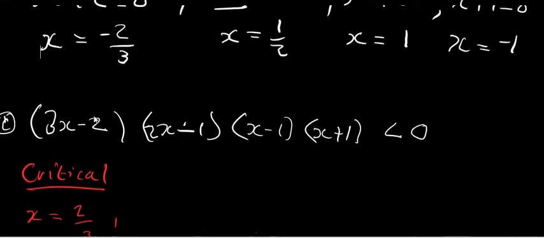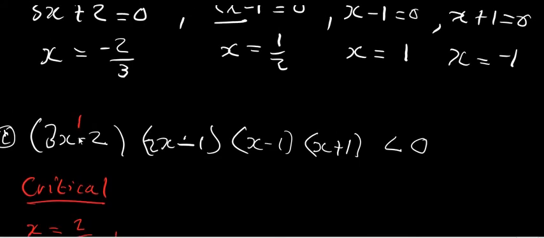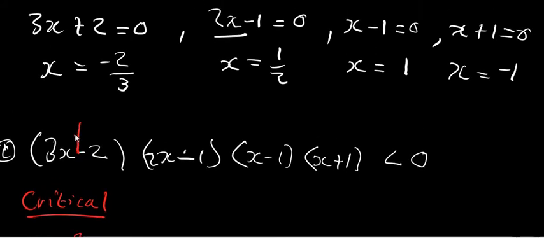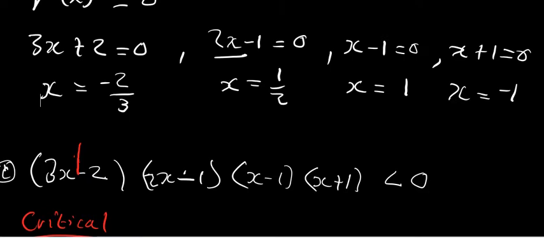Yes, this was a plus here, so this is supposed to be a plus, which I have accidentally put a minus because I'm tired of solving. So this is a plus there.